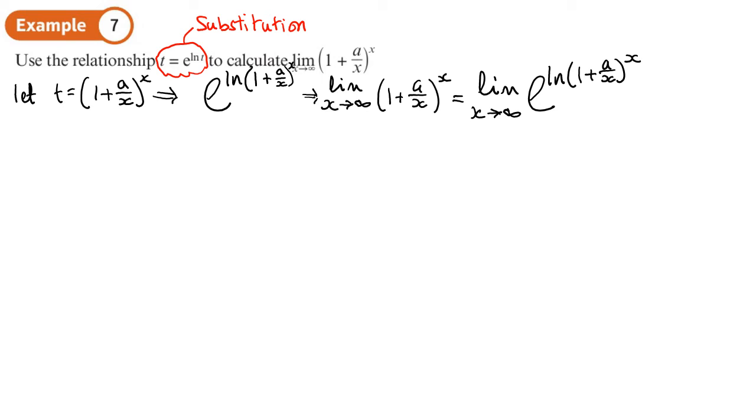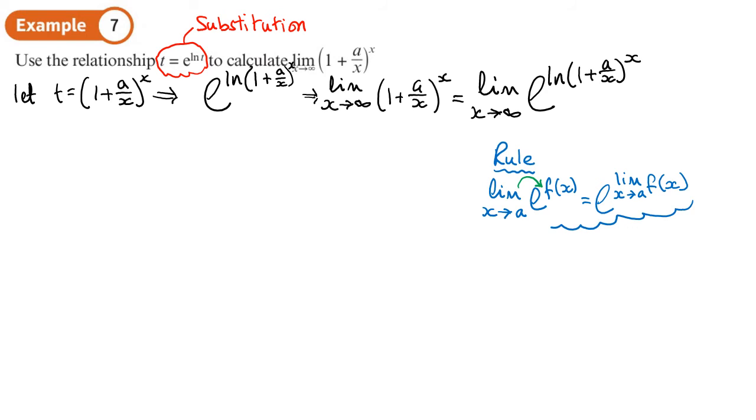Right, now there was a rule that was mentioned on the first slide. I'll just write it down here. This rule said that if you have the limit as x tends to a of e to a function, we can slip that limit part in here and actually write it as e to the limit, as x tends to a, of that function.